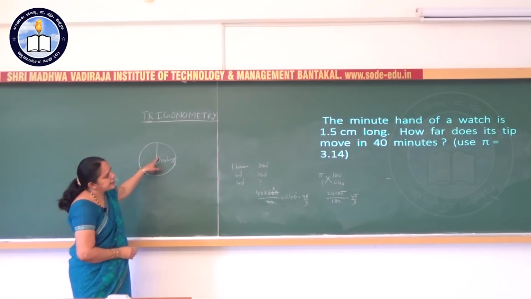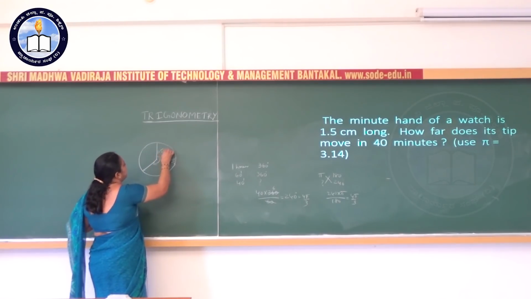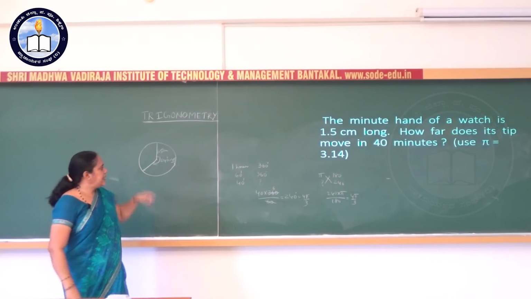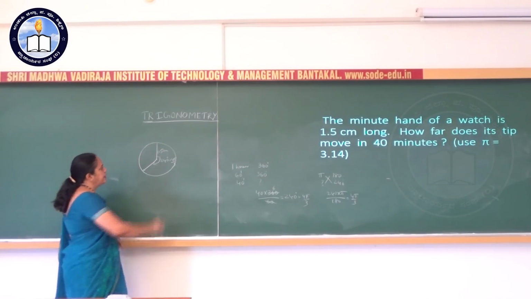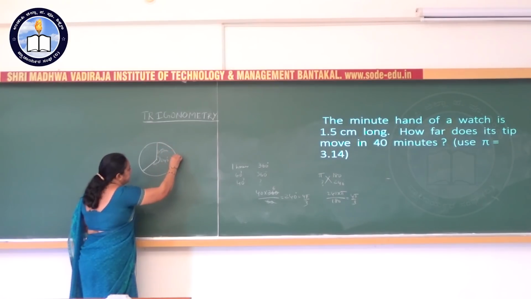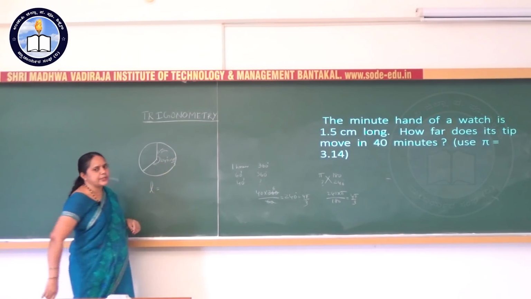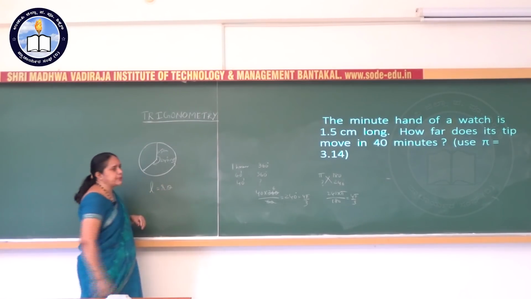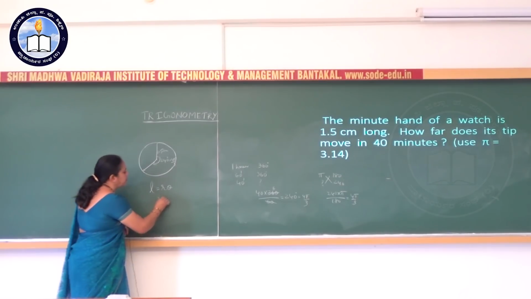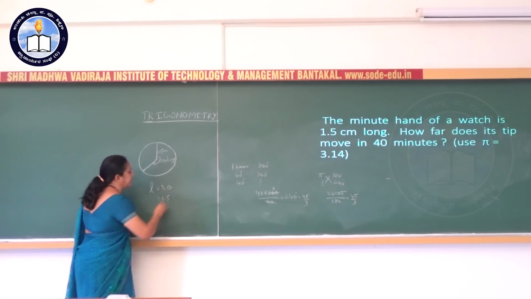And given the length of the minute hand is 1.5 centimeter. You have to find the arc length. So L is equal to, can we use the formula? L is equal to r into theta. But what is r? r is the length, or radius.